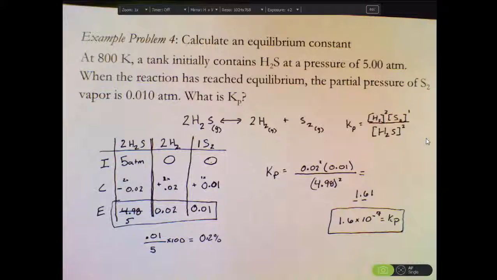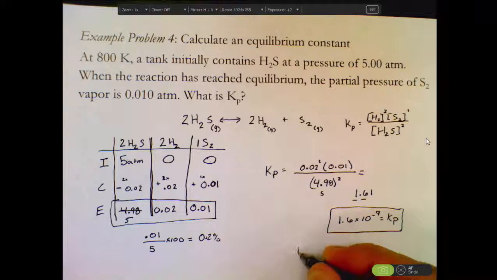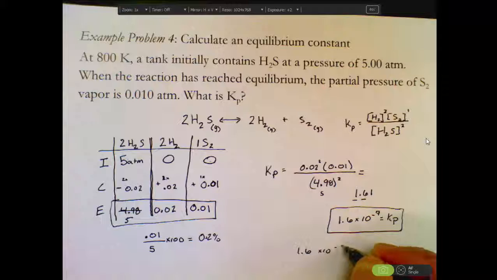If we were to go ahead and run the same math using a 5 here instead, the math won't change very much. 0.02 squared times 0.01 divided by 5 squared ends up giving me 1.6 times 10 to the negative 7th.